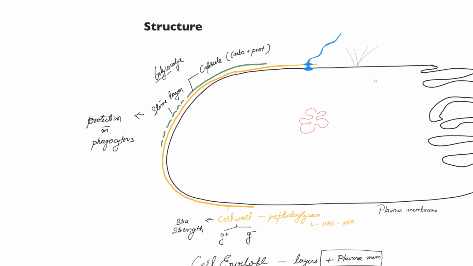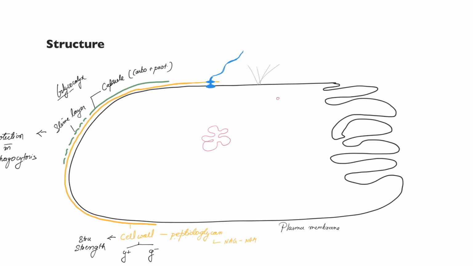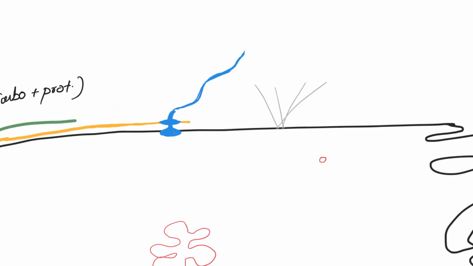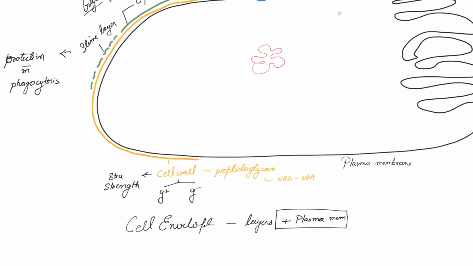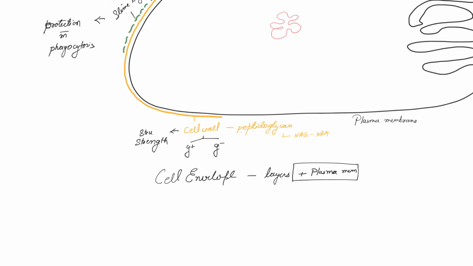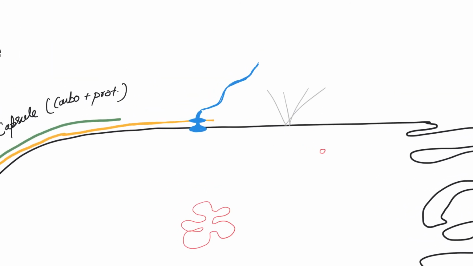Now let's go to some of the stuff that's on the outermost layer of the cell envelope. So remember, these are all parts of the cell envelope: the plasma membrane plus the layers there, that's commonly called the cell envelope. Now, to move, prokaryotes many times have structures called flagella. Flagella are structures of motility, that is movement, and they generally have a part that's called a motor, anchored into the plasma membrane and the cell wall.